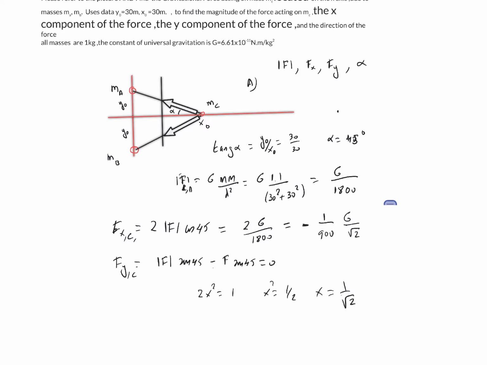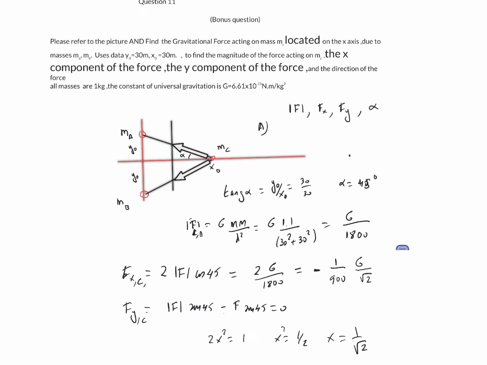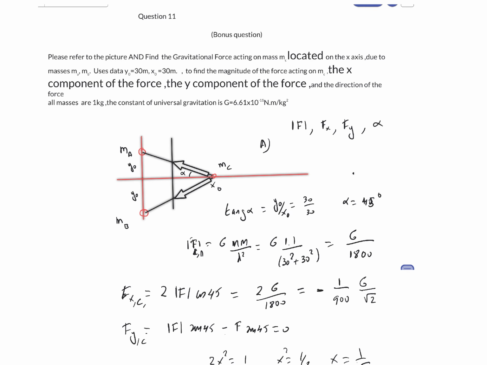So the next problem, you know what it says. It was on the test. And it says find the total force, the net force on this one. So we need to sum this force with this force, on the mass mc, and both of them are attractive forces. The mass mc is at the distance x0.